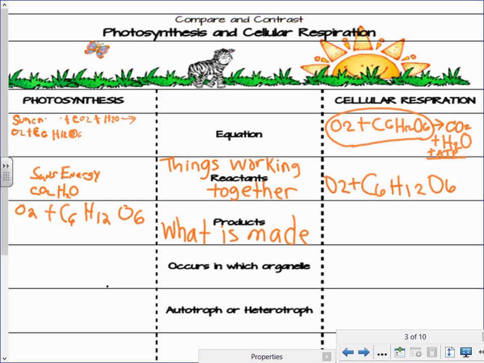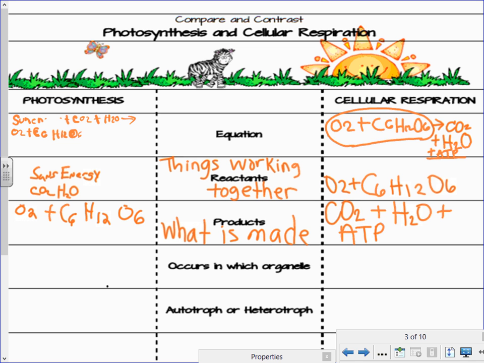Carbon dioxide. So write those things down. And what's ATP? Energy. Very good. Now, here's where you have to look in your notes a little bit.